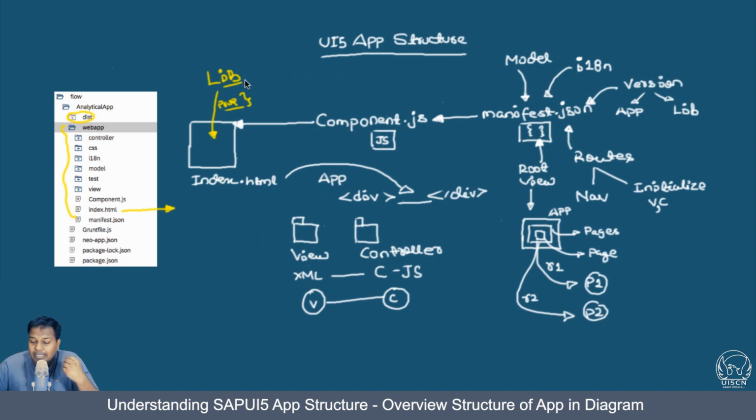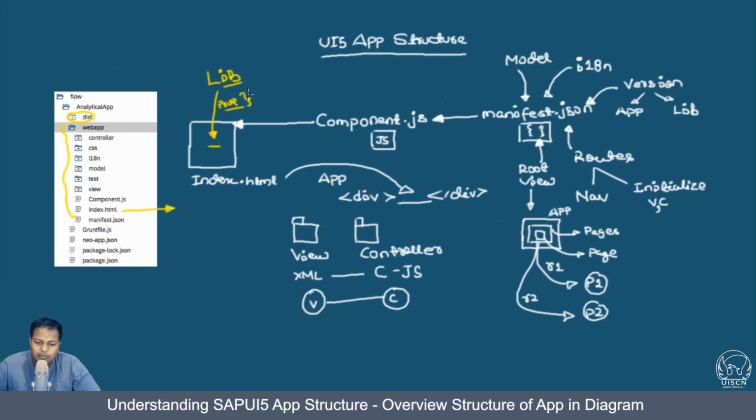The library should be loaded in an async way, so it doesn't wait for the entire library to load before our application starts, but the application starts while the library is still loading. And we might also control the version of the library which is loaded in our application. Those properties are passed within the index.html.